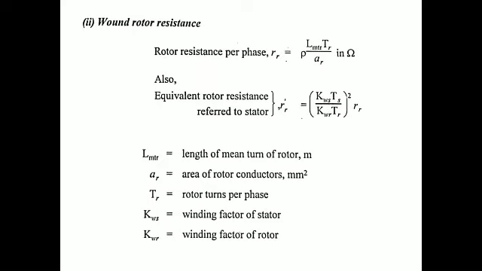It is the winding ratio KWS divided by KWR, into the turn ratio TS divided by TR, stator turns divided by rotor turns, with the whole squared. We multiply this with RR. That RR value is calculated by the first equation, rho LMTR TR divided by AR in ohms. By this way, we can easily predict the rotor resistance for the slip ring, that means the wound rotor.